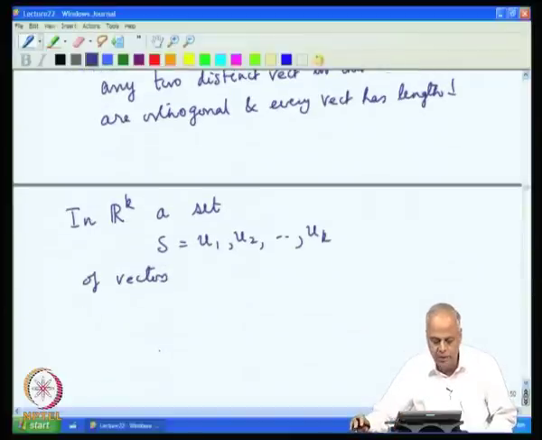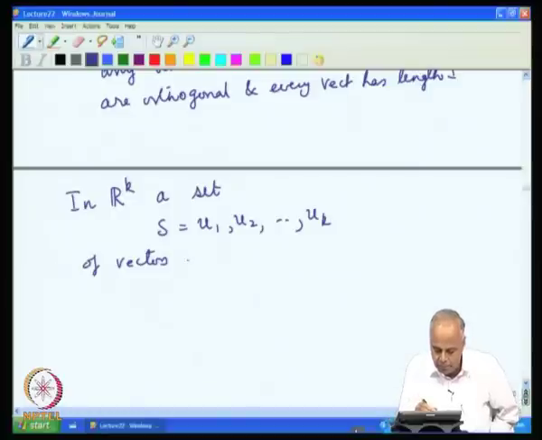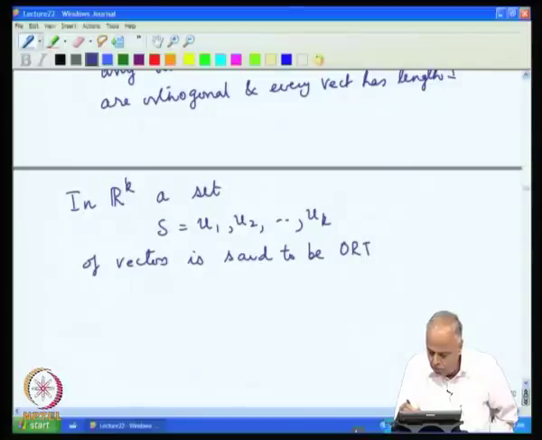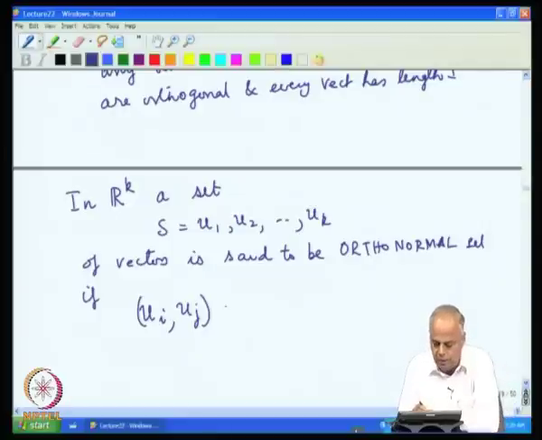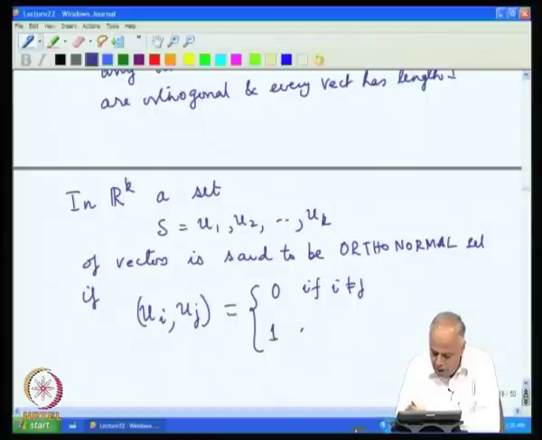A set of vectors in R k is said to be an orthonormal set if the inner product of u i and u j is equal to 0 if i is not equal to j, and 1 if i equal to j.